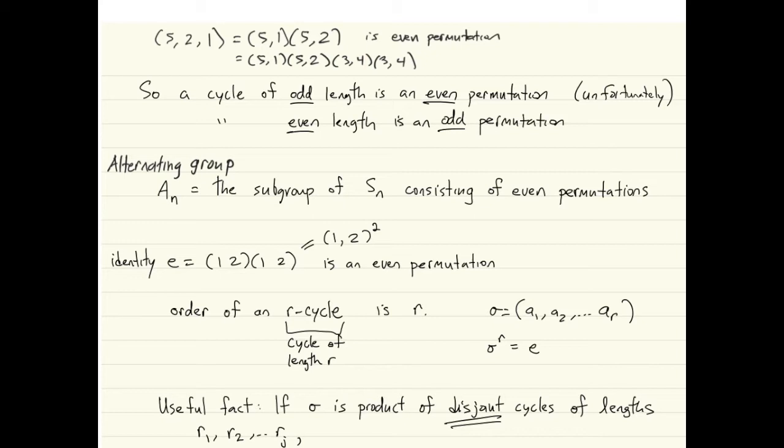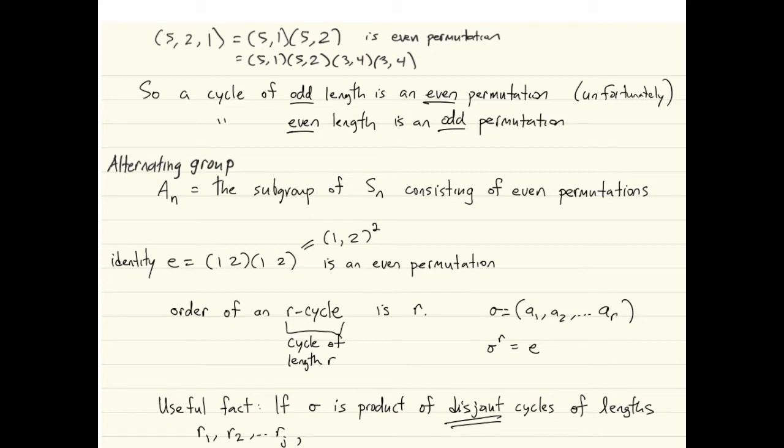And it's a subgroup, so it has to contain the identity element. And why is the identity element an even permutation? Well, we can write the identity element as, for example, (1 2) times (1 2), and that's a product of 2 transpositions. Now, the set of odd permutations is not a subgroup because it doesn't contain the identity element.